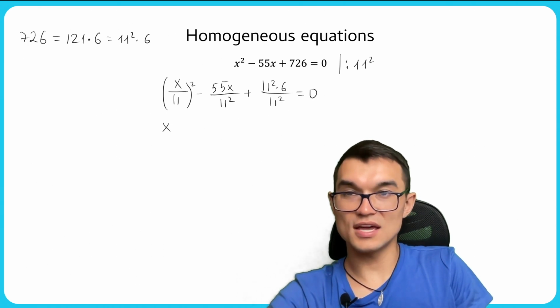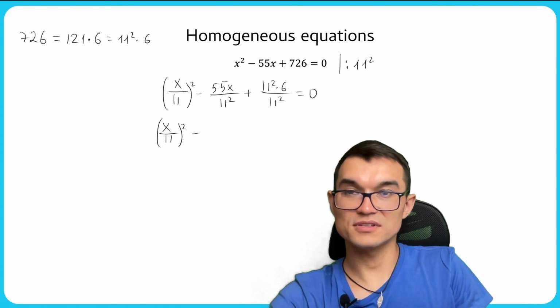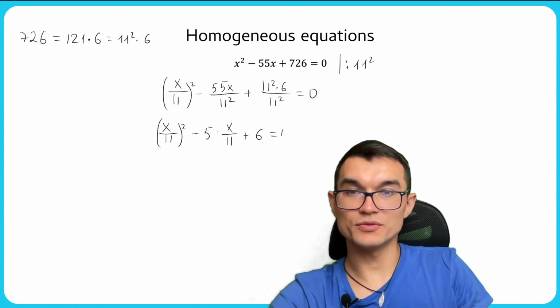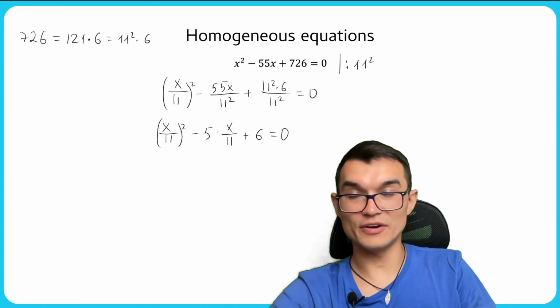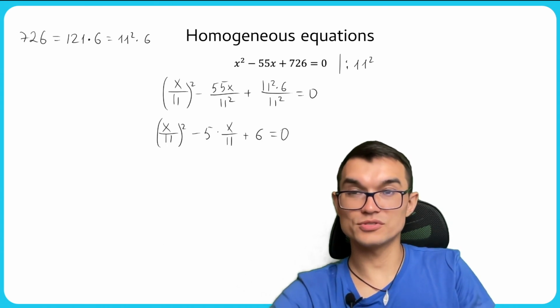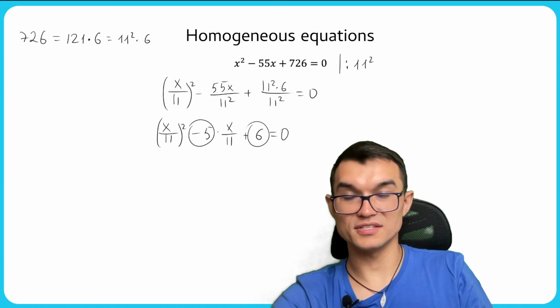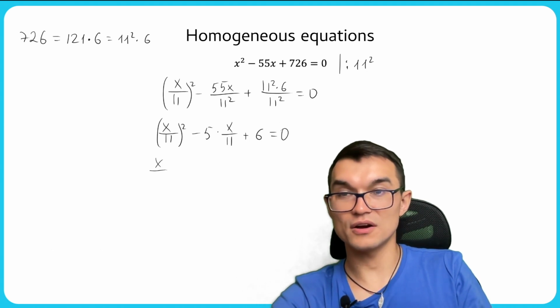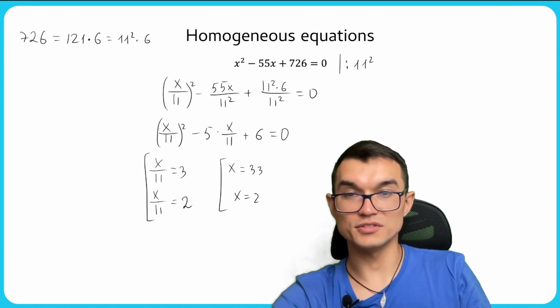Now I see that it is (x/11) squared minus 5 times (x/11) plus 6, equal to 0. So what I've got is a quadratic equation with respect to x over 11. I can introduce a new variable here if I want to, but I just want to solve that using Vieta's formula. So I have to think of two numbers whose sum is 5 and product is 6. Obviously, these numbers are 3 and 2. So we've got our answer as x equals 33 or x equals 22.